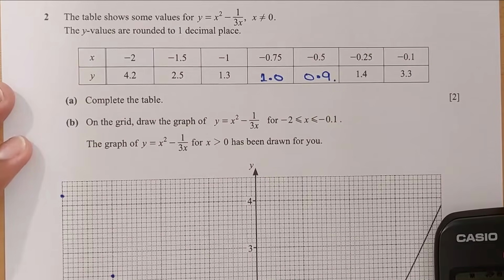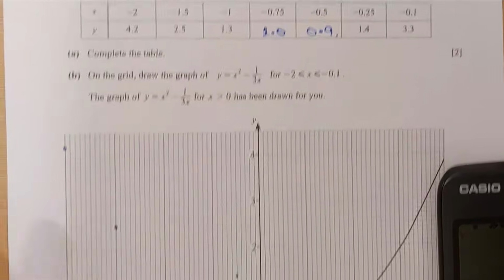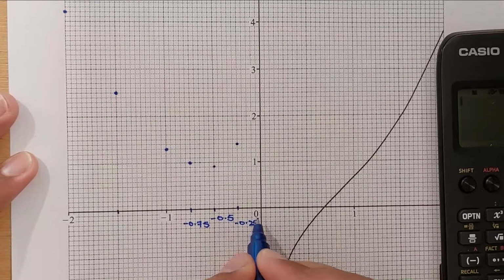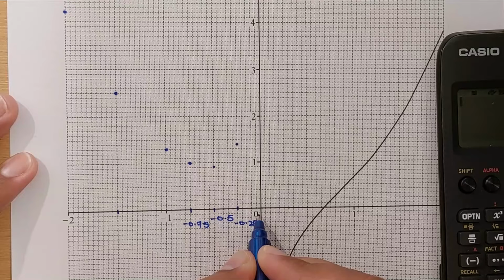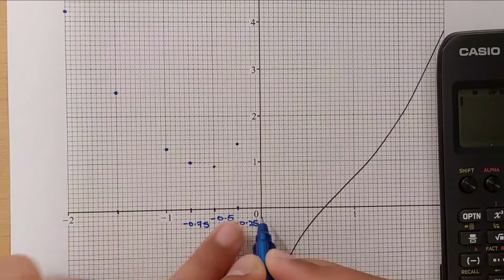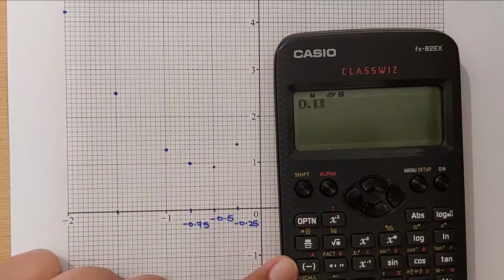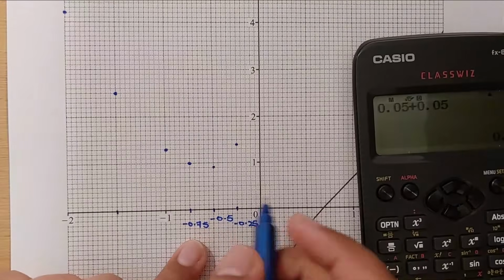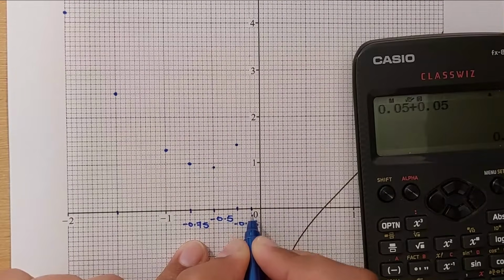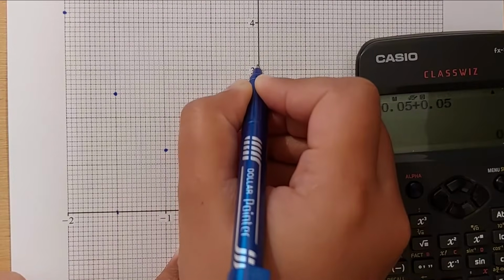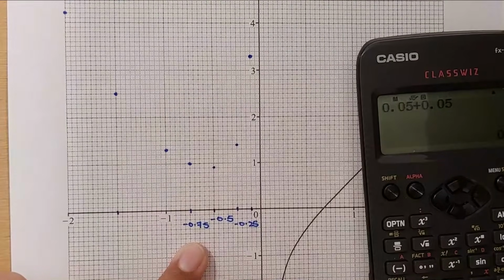And the last is minus 0.1, it is 3.3. Where is minus 0.1? 0.05 plus 0.05 is 0.1, so this is 0.05 and this is 0.1. This is 3.3. So 3, 3.1, 3.2, 3.3, this point, right?